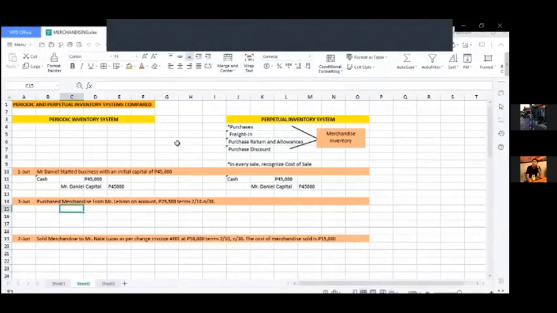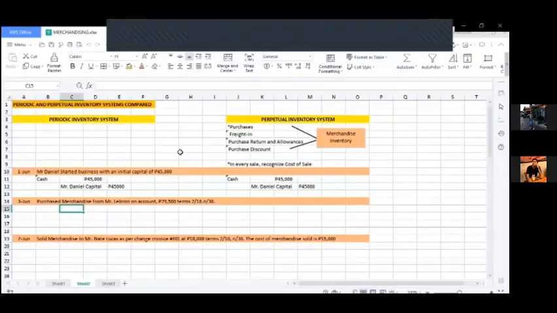inventory system? Ang perpetual inventory system is that meron tayong detailed inventory records in accounting system. Kada may papasok na inventory sa warehouse, i-update natin ang record. Kada may lalabas na inventory dahil nagbenta tayo, i-record natin yun. In every sale, i-recognize natin yung cost of sale.